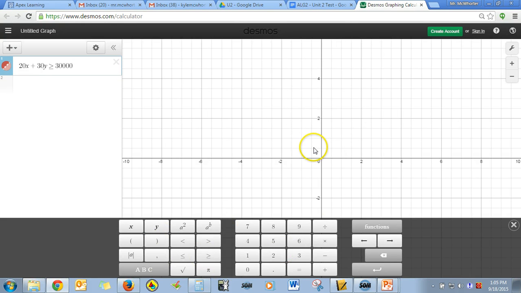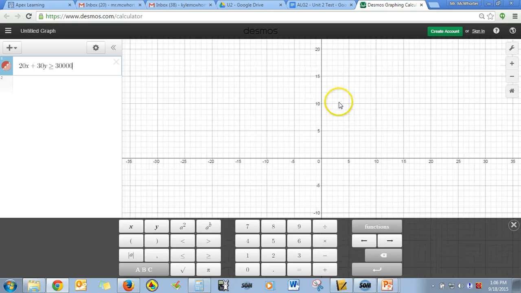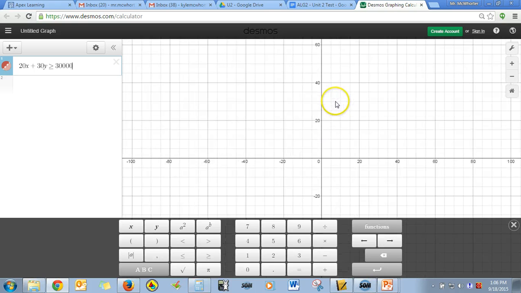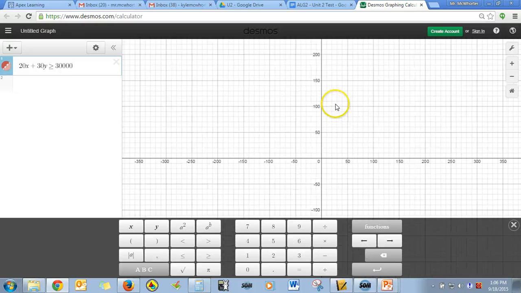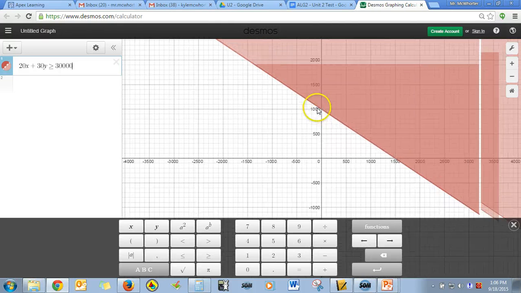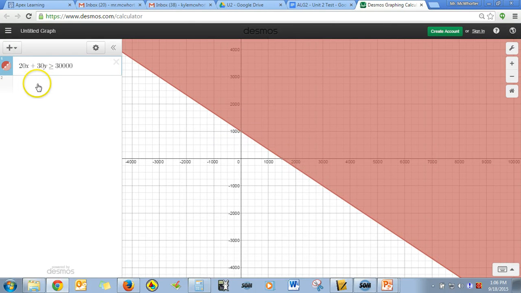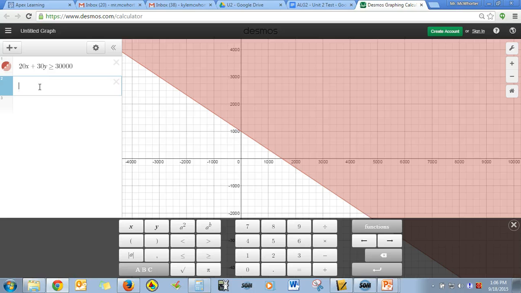And you're like, hey, where is it? And I'm like, well, zoom out, zoom out, zoom out. Hey, we're starting to see it. Okay, so there's our big inequality. It's huge. Now let's graph the other one. Y is less than or equal to 500.